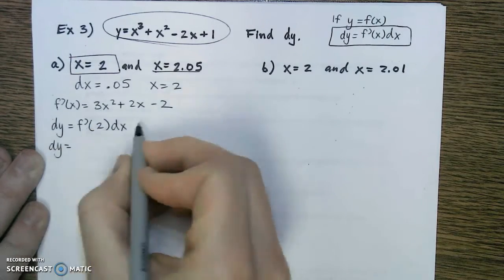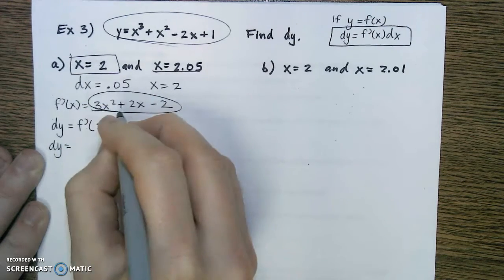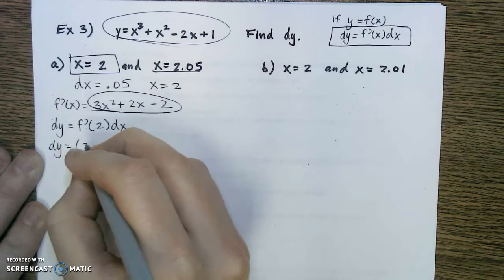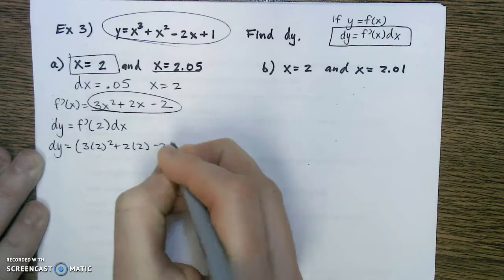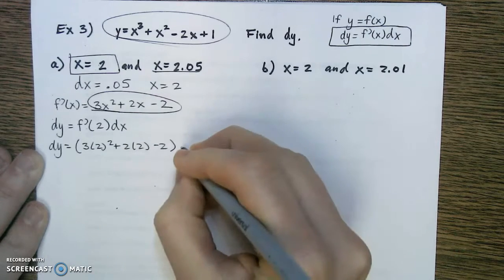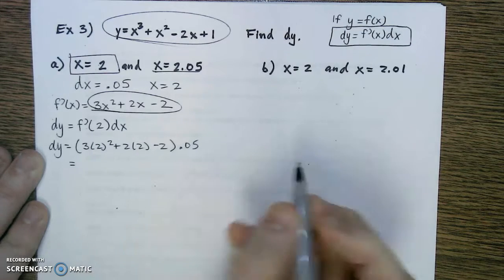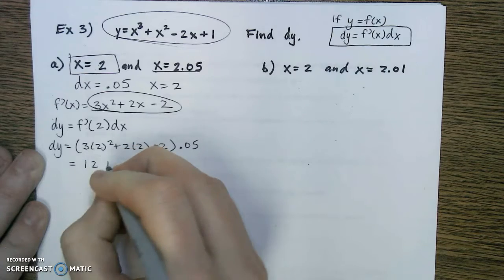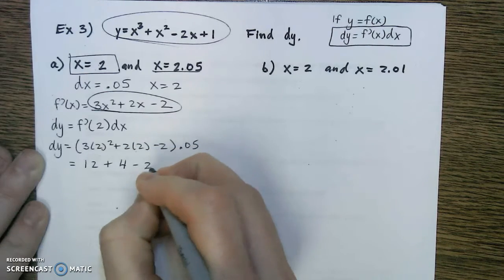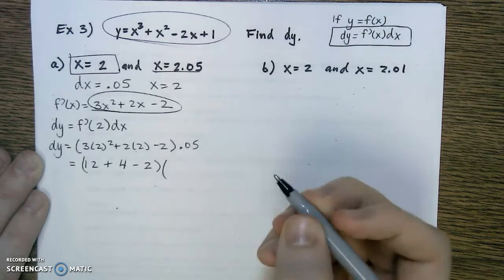F prime at 2, if I plug in 2 to the derivative, is going to be 3 times 2 squared plus 2 times 2 minus 2, and then dx is 0.05. So if I multiply these, I get 4 times 3 plus 4 minus 2, and then I can change 0.05 into a fraction.